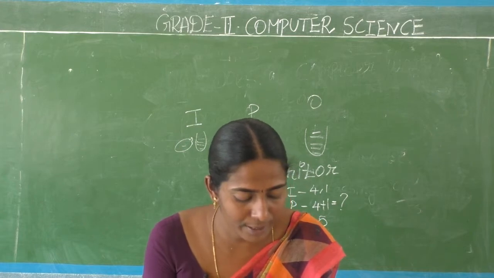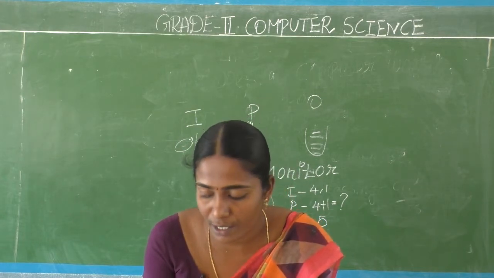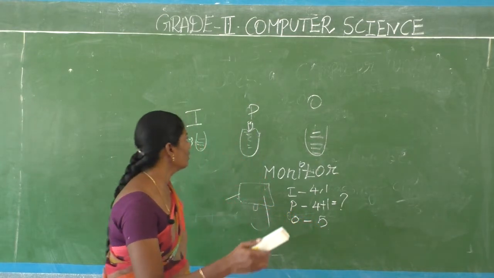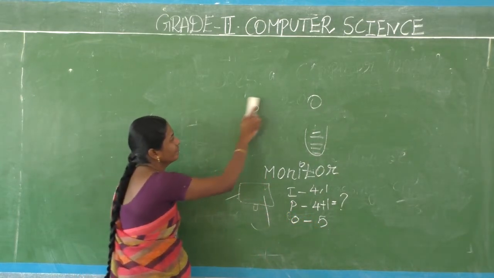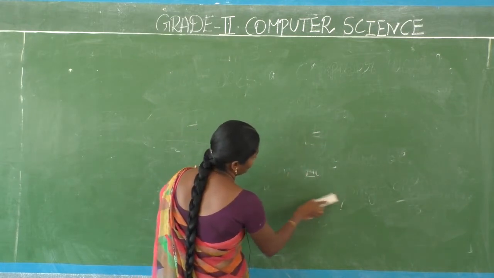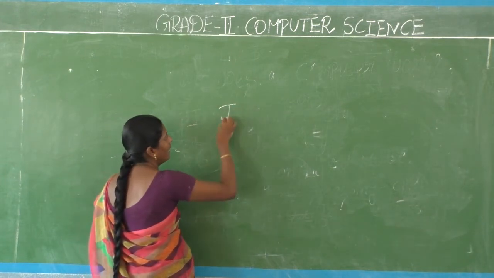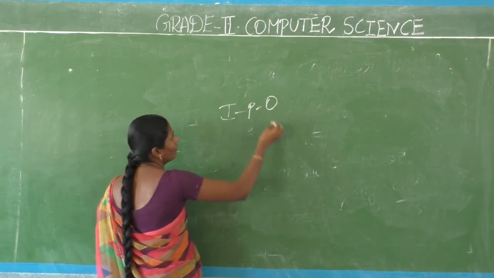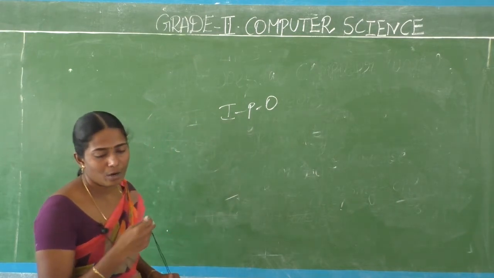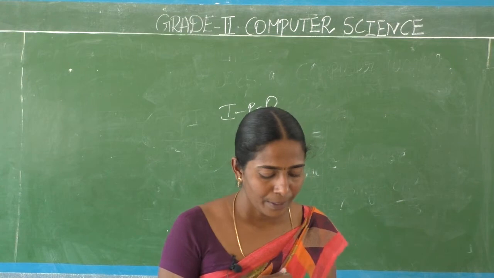Already I said a computer works in 3 steps. What steps did we say? Input, processing, output, as in IPO.